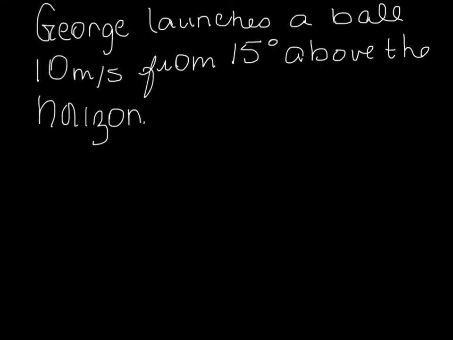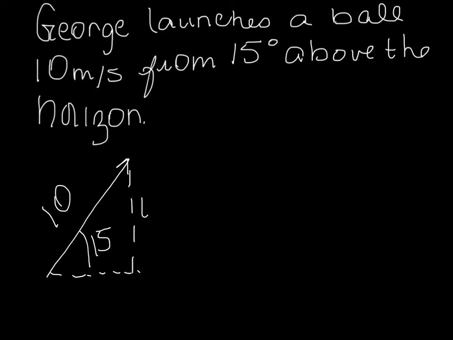We're going to look at George, and he launches a ball at 10 meters per second at 15 degrees above the horizon. So your hypotenuse would be 10 and your angle is 15, and you want to resolve it into the x and y components.